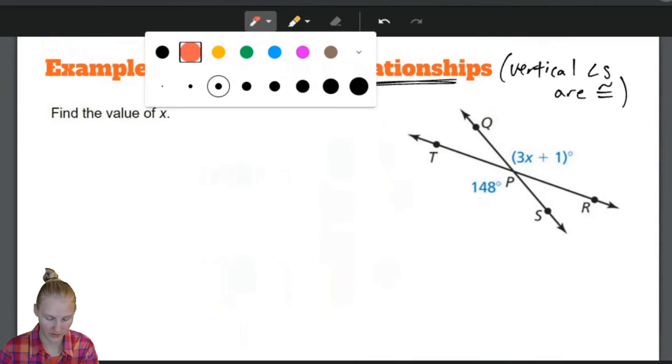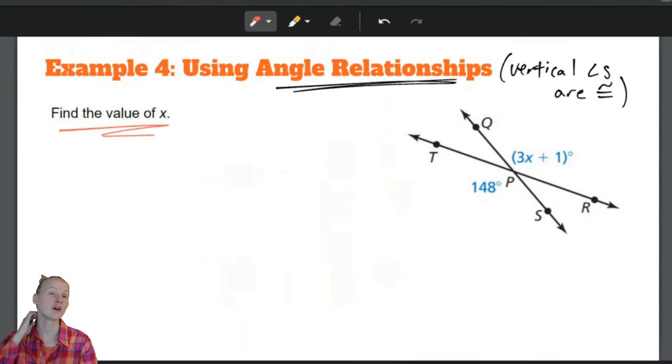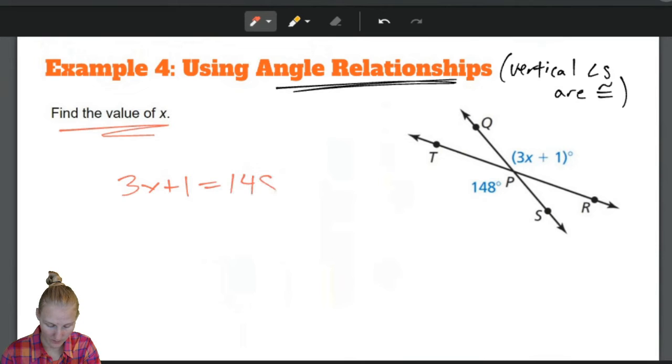This problem tells us to find the value of x. But look at that. These are vertical angles because they are formed by two intersecting lines, and they are on opposite sides of those intersecting lines. So because these angles are congruent, it means that their measures are the same. So, if their measures are the same, we can set them equal to one another.